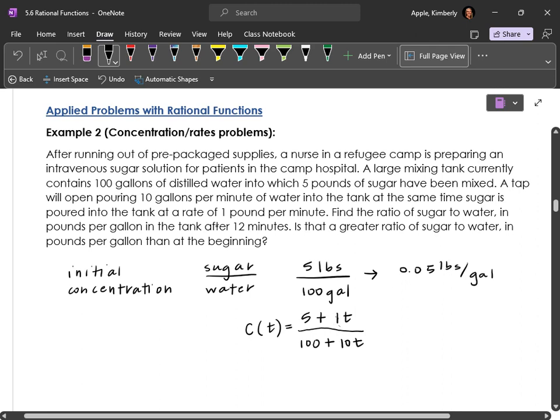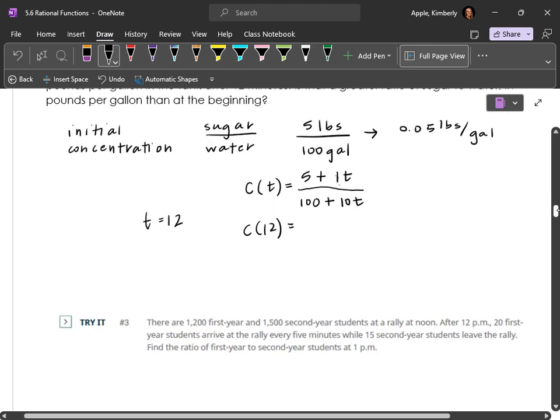And so what it's asking us is to figure out how much the concentration is after 12 minutes. So that means that t equals 12. And so all we have to do is come over to our function and plug in 12, find c of 12. That'd be 5 plus 12 over 100 plus 10 times 12.